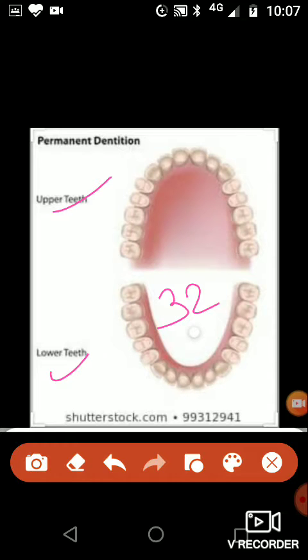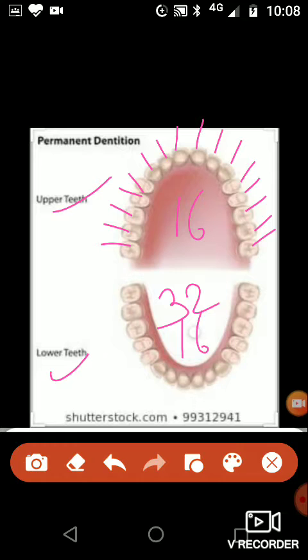Again we can count: 1, 2, 3, up to 16. It means 16 in the upper jaw and 16 in the lower jaw. So we have altogether 32 teeth in our lifetime, and these are permanent teeth. These teeth will not decay or fall down. If one falls down, it will not reappear. So that is about the permanent teeth.